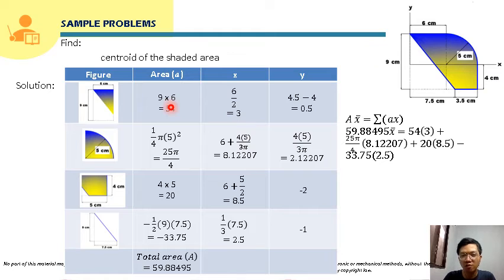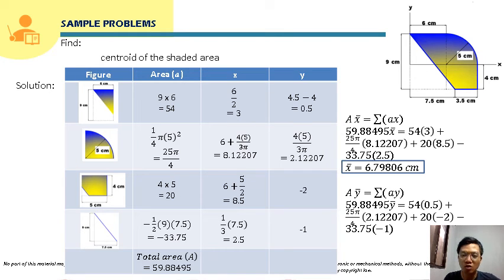So this will be 54 times 3 plus 25 pi over 4 times 8.12207 plus 20 times 8.5, minus, since this is negative here, 33.75 times 2.5. Solving for x bar, the value is 6.79806 centimeters.